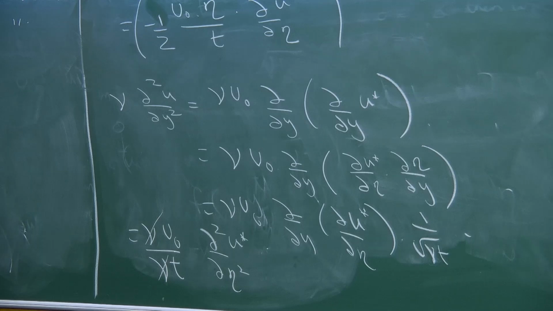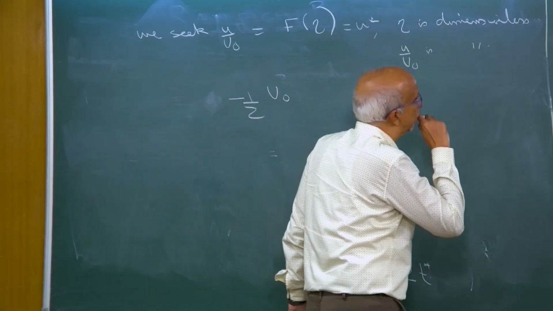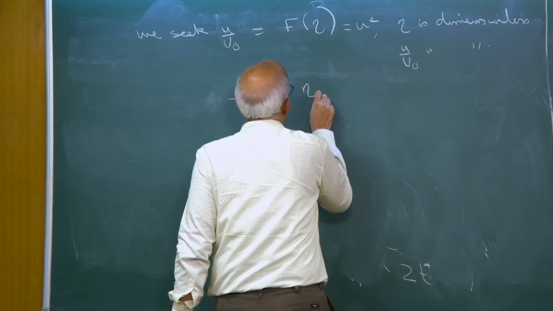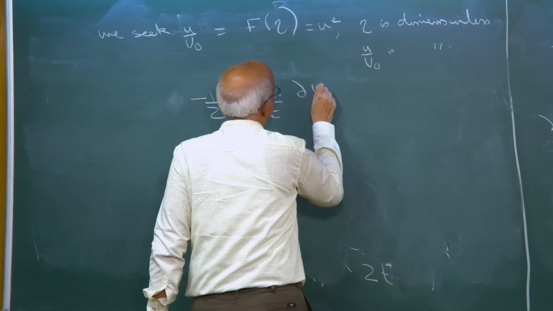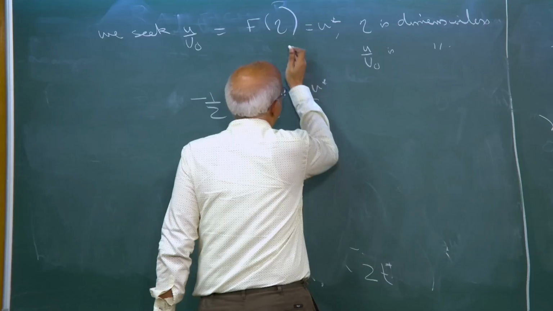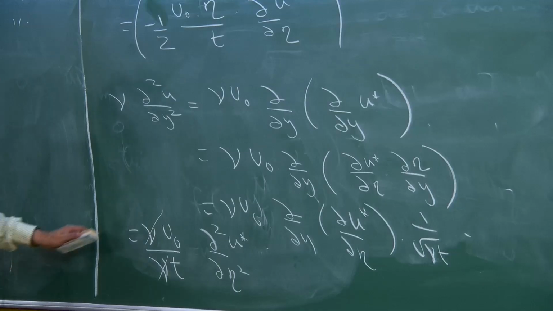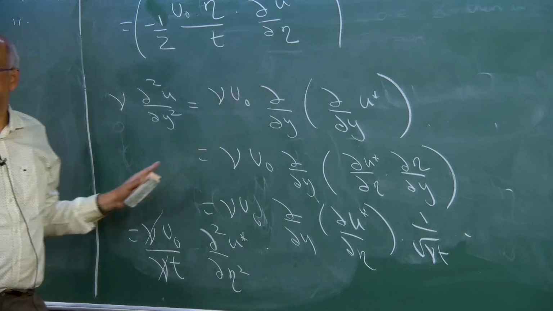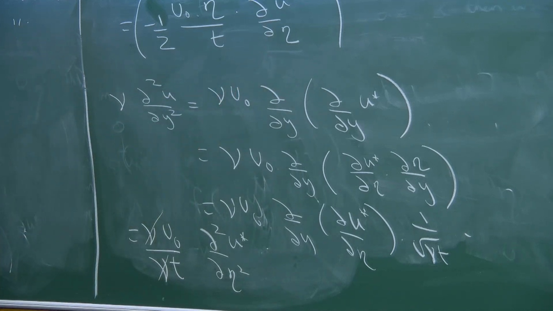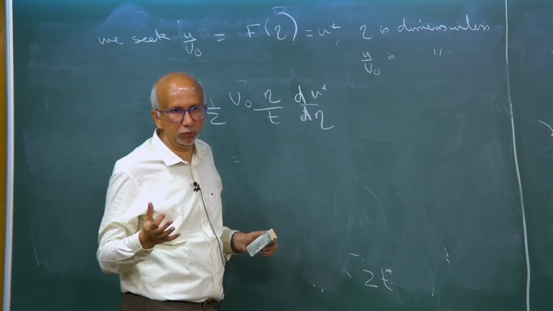So, I have minus half of u naught eta t. Now, I need to write this as d u star by d eta, because there is only one variable for u star, only eta.